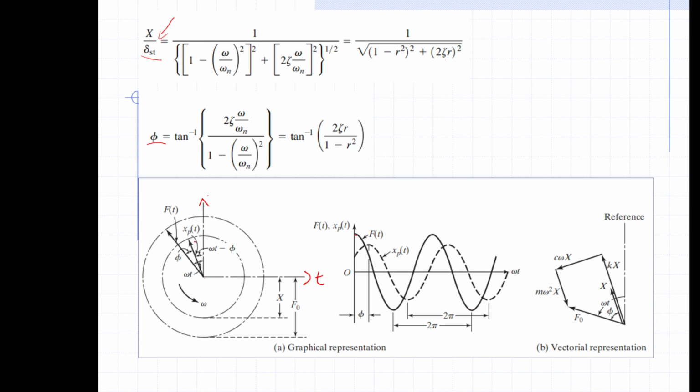And the particular solution itself is also a rotating vector, but it's out of phase from f of t by minus phi. Of course it rotates at the same frequency, like the dashed line here.